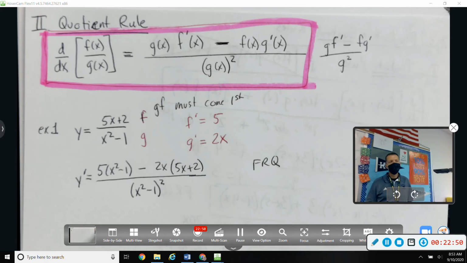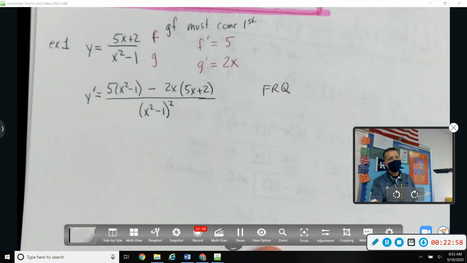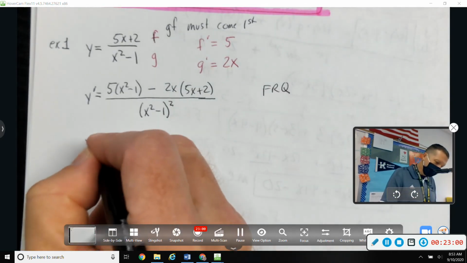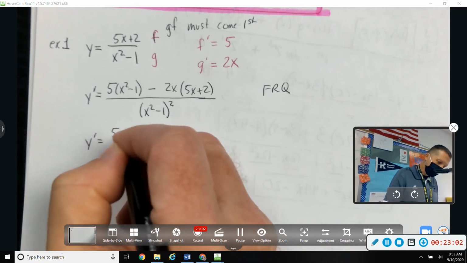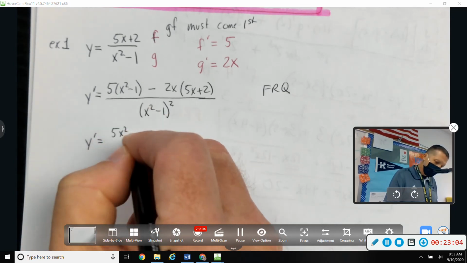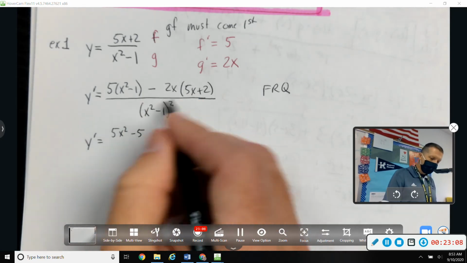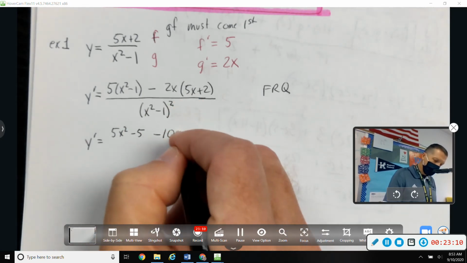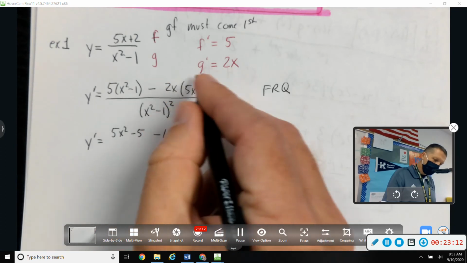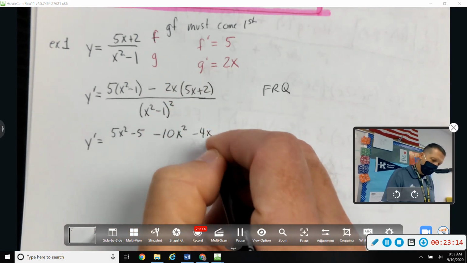There's some algebra cleanup to do, but if it's a free response question, leave the algebra alone. If it's a multiple choice question, well, let's do a little cleanup work to just remind ourselves how to do algebra here. Distribute the 5, distribute the negative 2x, so be careful with the minus signs. So minus 10x squared minus 4x.